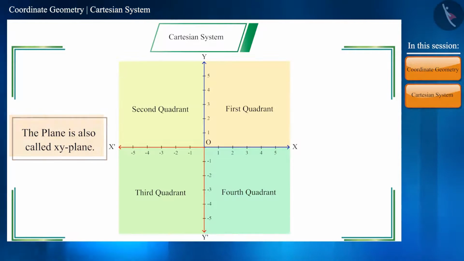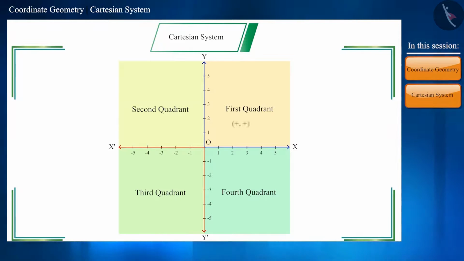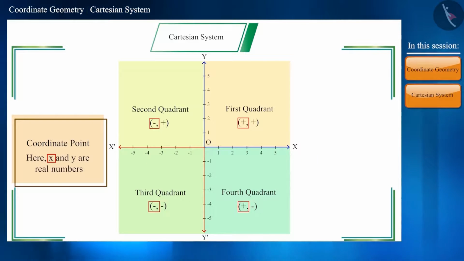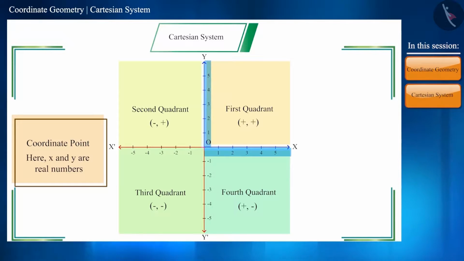The points in these planes are represented in this manner, which is called the coordinate point. The first number in this coordinate point represents the point on the x-axis and the second number represents the point on the y-axis. In the first quadrant, there are positive x and y-axes, so the points of this quadrant are represented in this way.